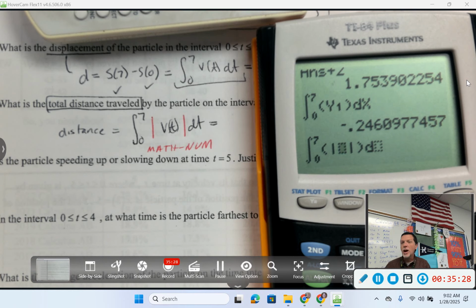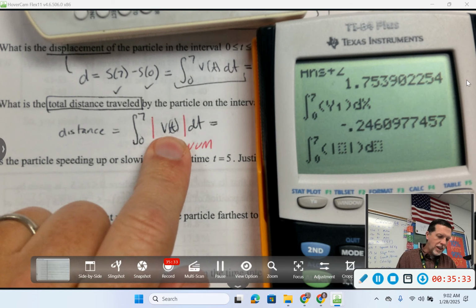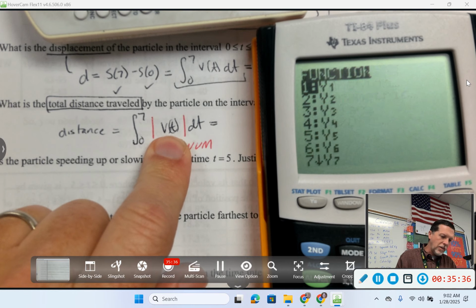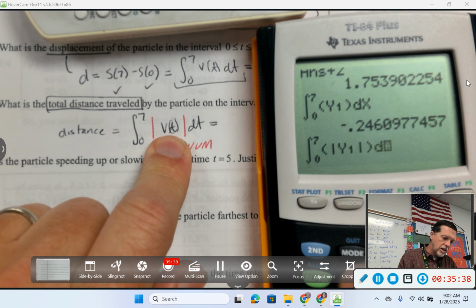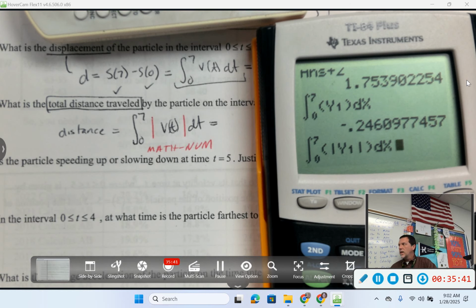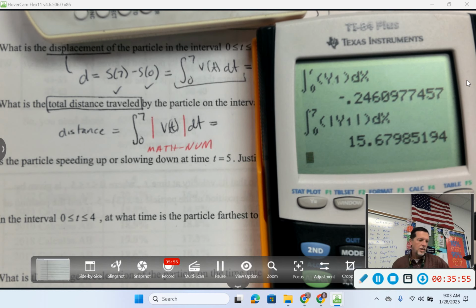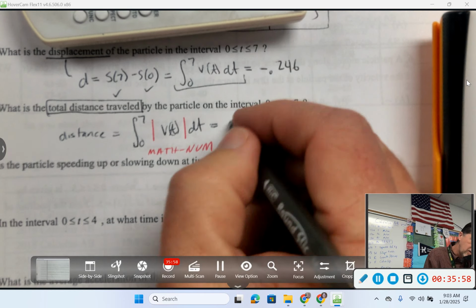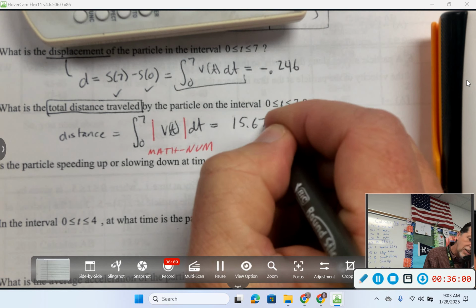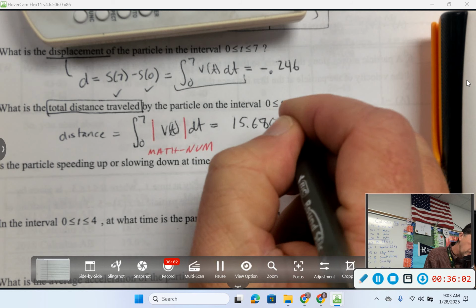And again, on the newer operating systems, it has the bars there, so you know you're doing absolute value. V of t, I already have that in for my y variable y1. That would be a really complicated thing we're asking the calculator to do, but that's fine. The calculator can think for a minute. We really had to think for that one. 15.67 or 15.680.